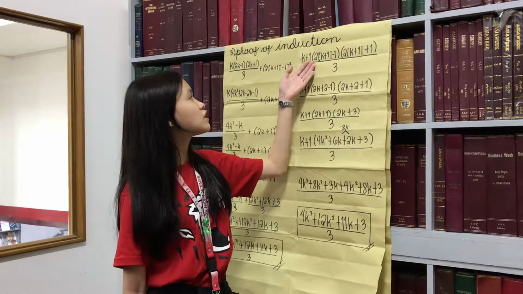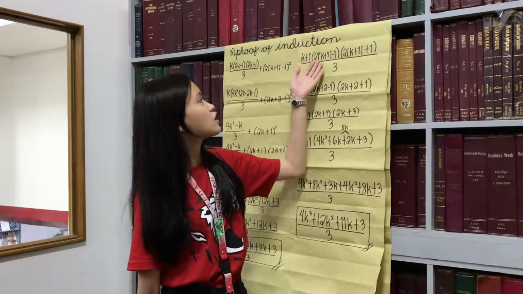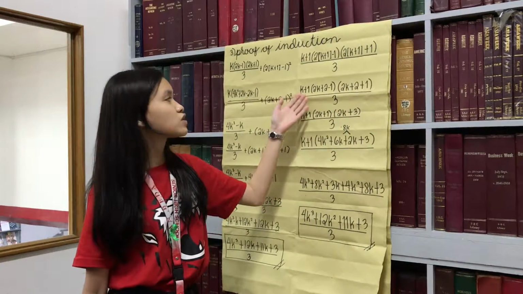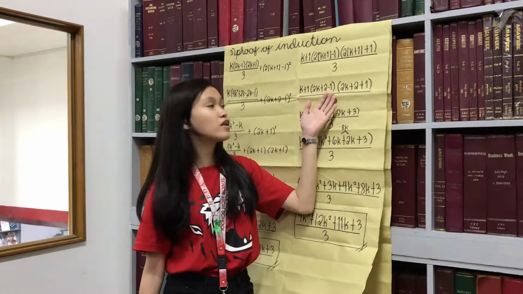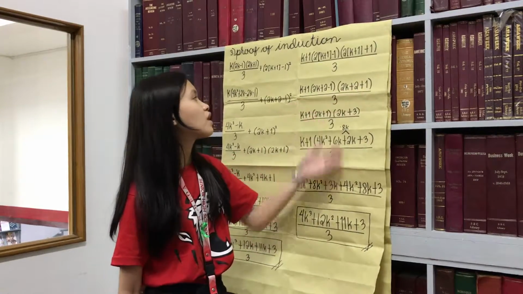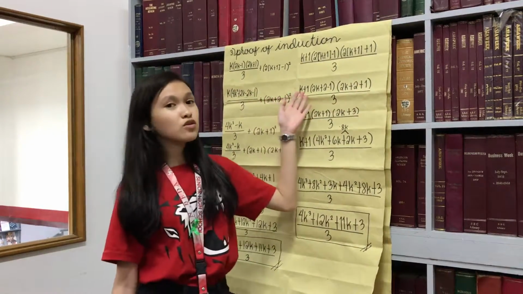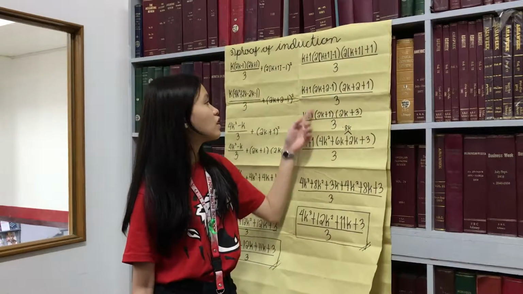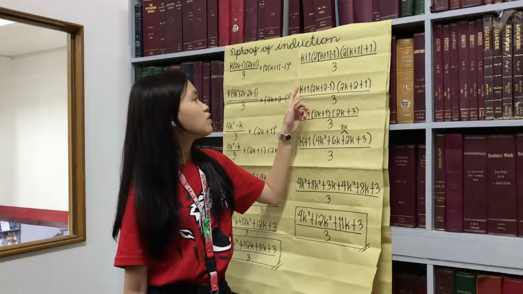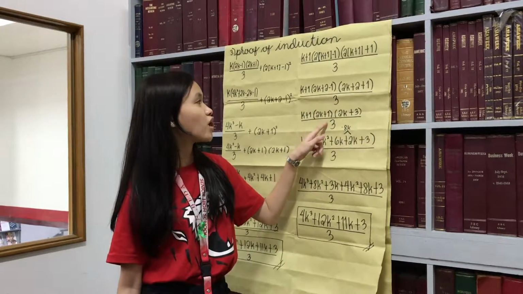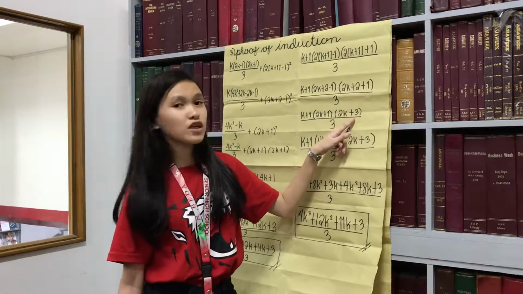First, you'll need to distribute this term to the quantity of k plus 1, which will result in k plus 1 times 2k plus 2 minus 1 times the quantity of 2k plus 2 plus 1 all over 3. The next thing you need to do is solve these two terms. You'll just minus 2 minus 1, and it will result in positive 1, and 2 plus 1 is equal to positive 3.